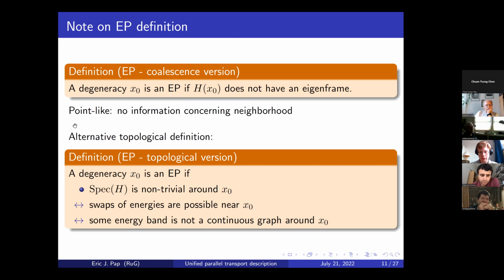So we thought, maybe you can put this at the center of the definition, and using topology, you can. If you just look at EPs from a topological viewpoint, there's something nice you can say, namely spec H is usually not trivial because of these sheets interconnecting. And we can now say that a degeneracy is an EP if it is responsible for part of the non-triviality of spec H.